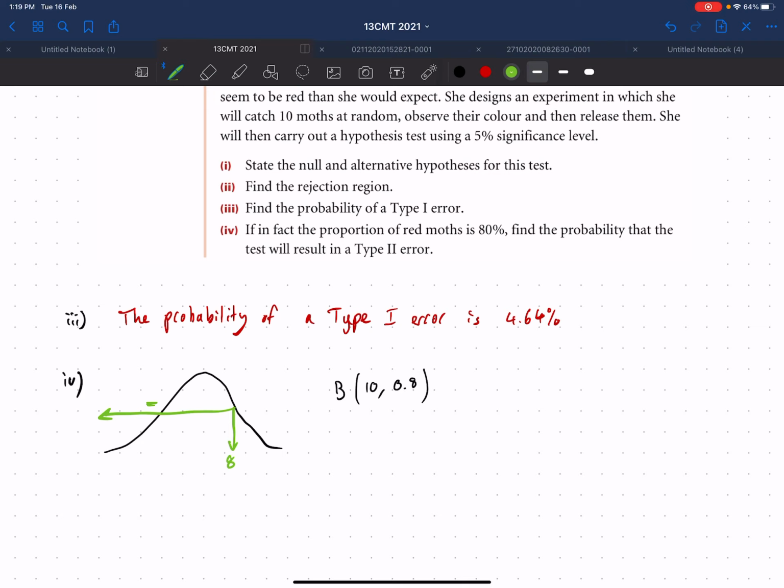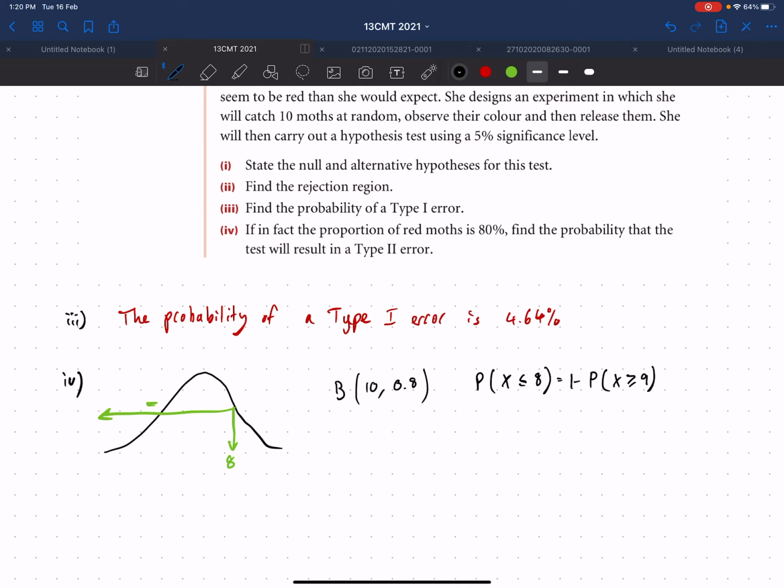The probability that X is less than or equal to 8 is 1 minus the probability that X is greater than or equal to 9.